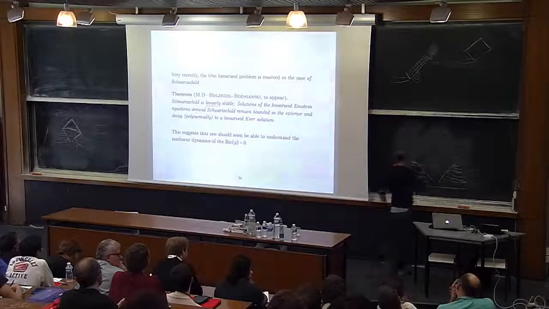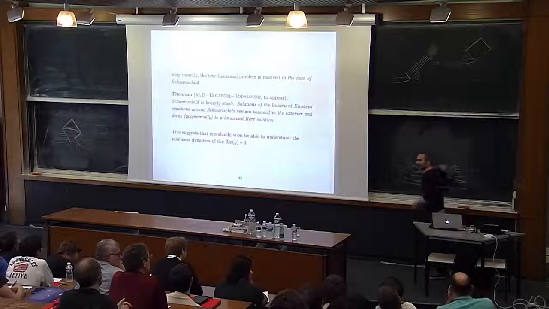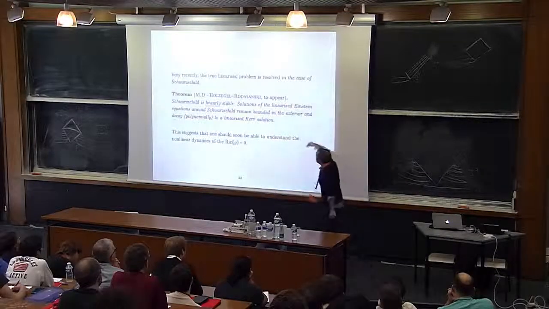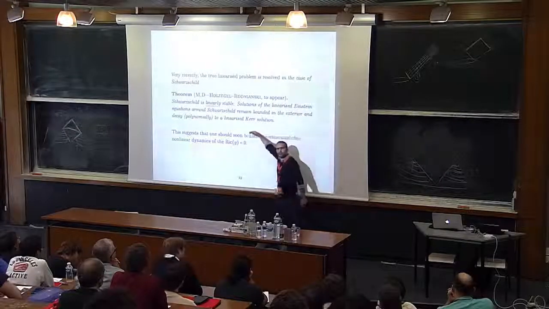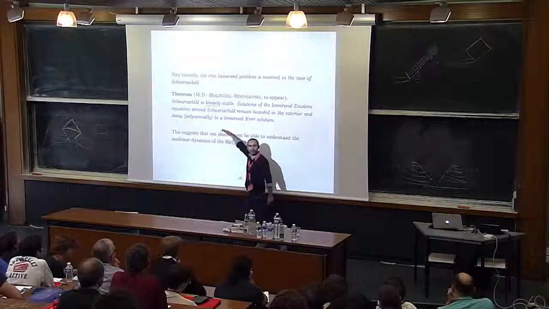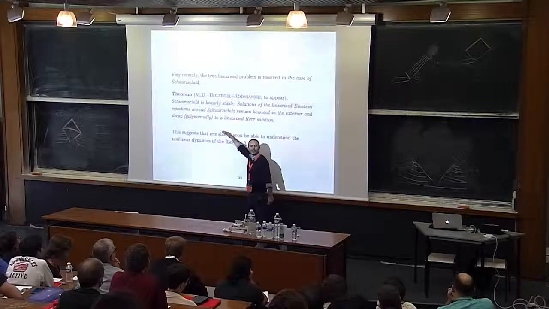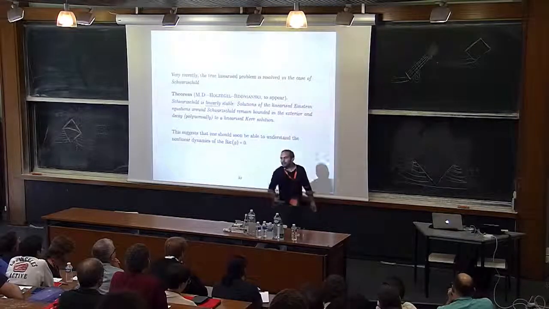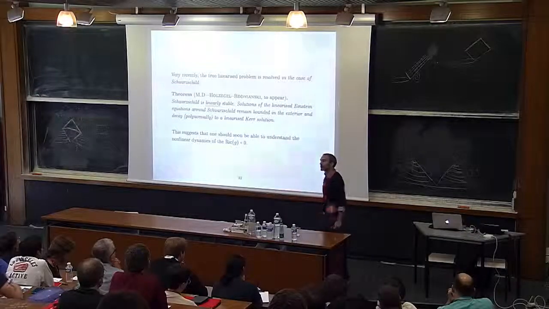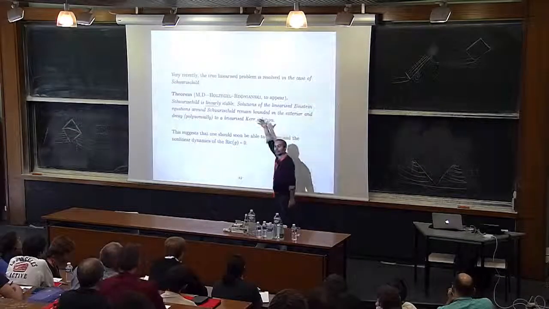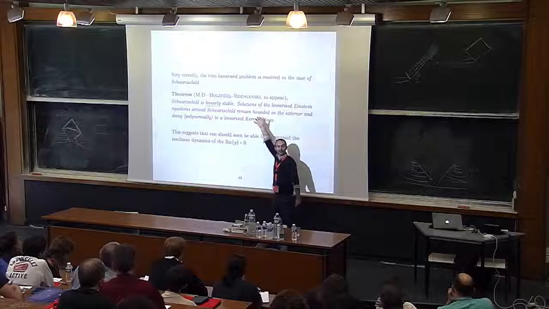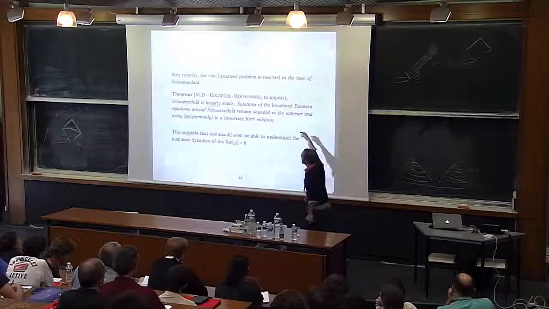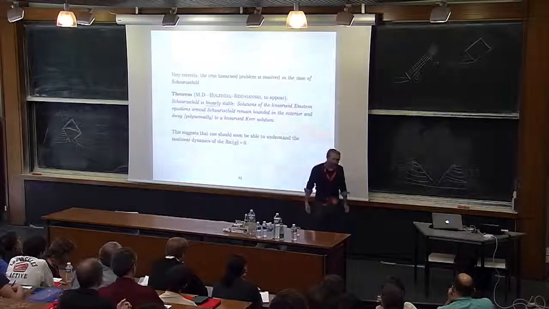And again, it's extremely important that this boundedness statement does not lose derivatives. And decay, of course, now the best you can hope for is that they decay to a linearized Kerr solution, because the linearized Einstein equations around Schwarzschild certainly see the linearization of the Kerr metrics. So those are special solutions of that system.